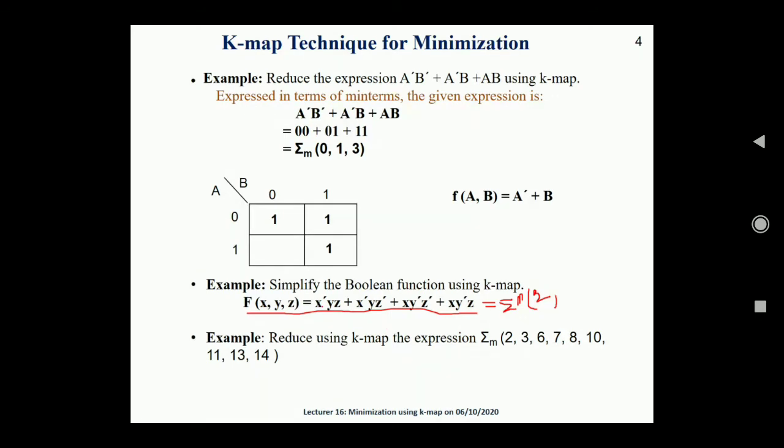This one is 1, 0, 0, which means 4, because x is 1, y bar is 0, and z bar is 0. And the last term is 1, 0, 1, which is 5.